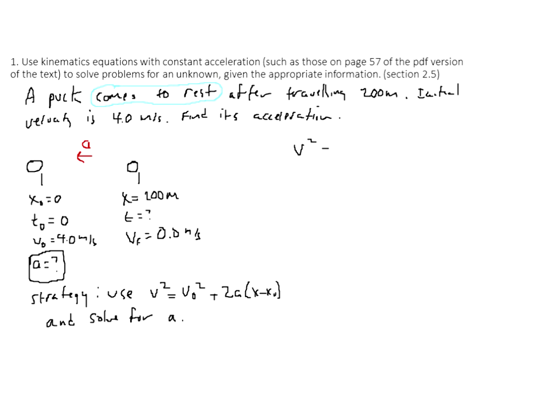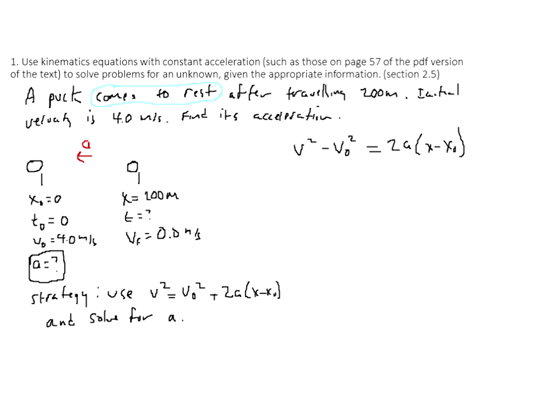So v squared minus v0 squared equals 2a times (x minus x0). We can make note here that some things are already equal to 0.